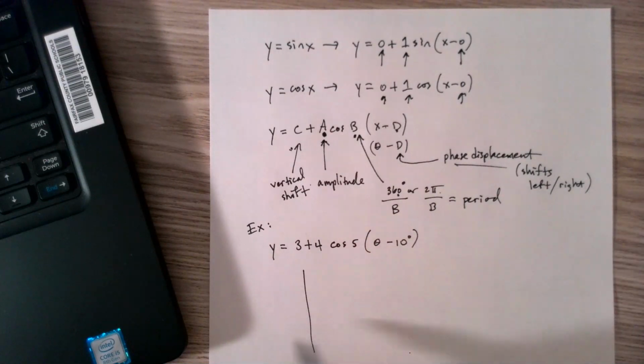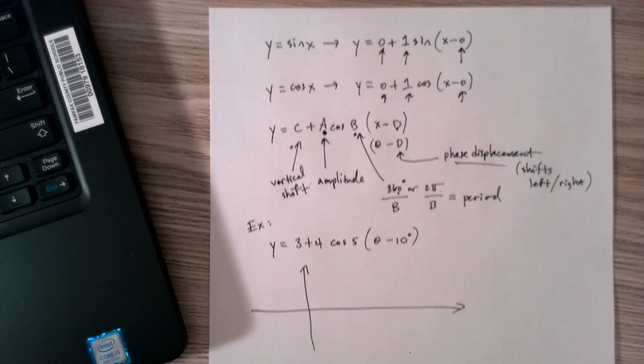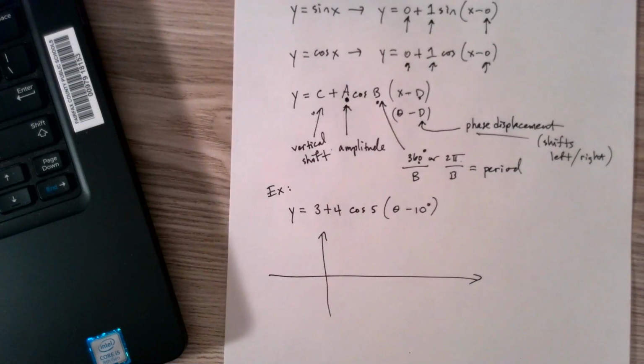So, draw my axes. Okay, the first thing I usually do when I graph sinusoidals is I get the upper bound and lower bound. Well, I get where the sinusoidal axis is going to be, I locate that, then I get the upper bound and lower bound.